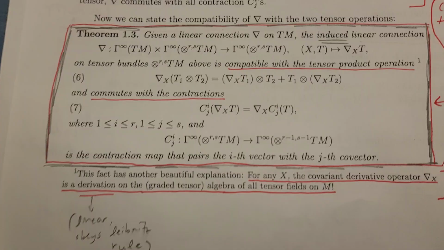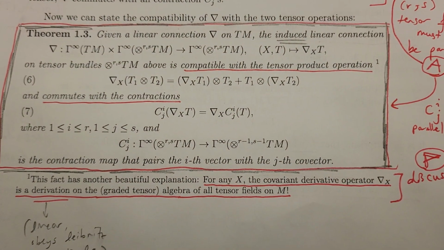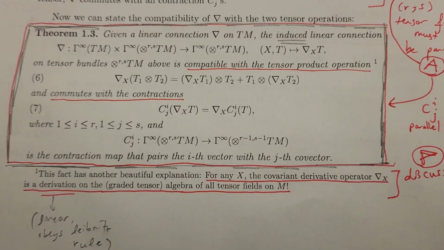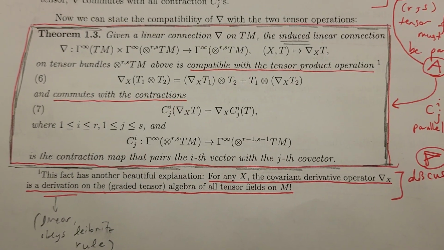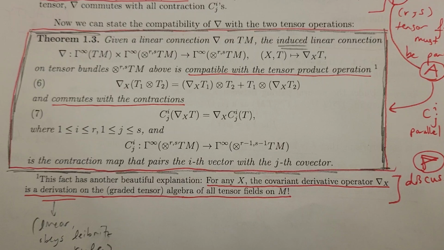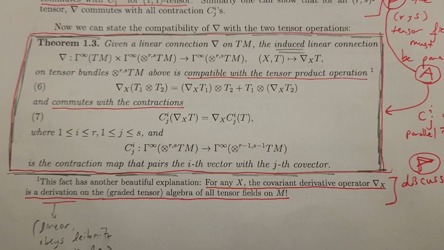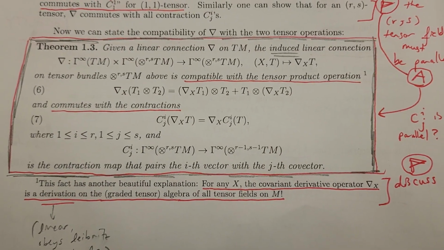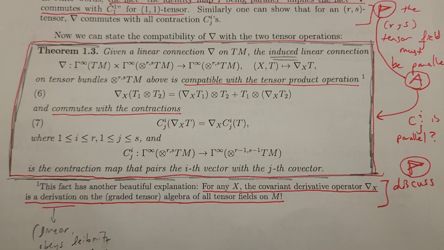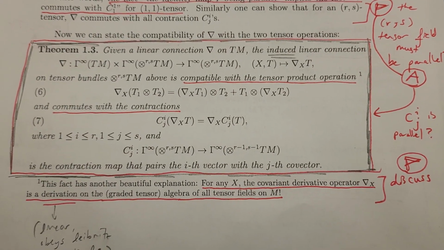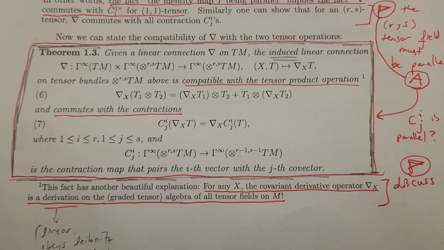You can show that in fact this induced linear connection is the unique linear connection which obeys these properties 6 and 7, compatibility with the tensor product and commuting with the contractions. So this induced linear connection is actually somewhat special, okay? That's theorem 1.4, so this is unique.